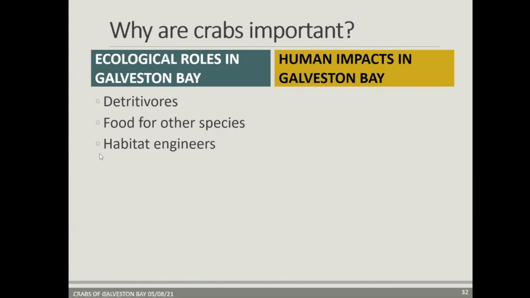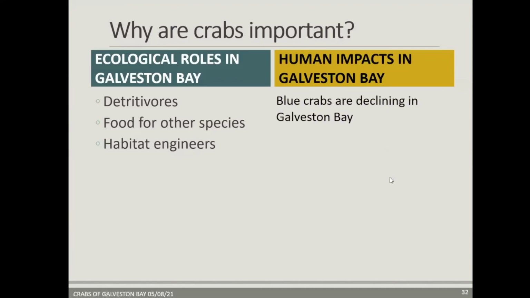And if you look at crabs like our fiddler crabs, they are habitat engineers. They dig these big holes and they allow oxygen to circulate into the mud flats that will help other species survive.